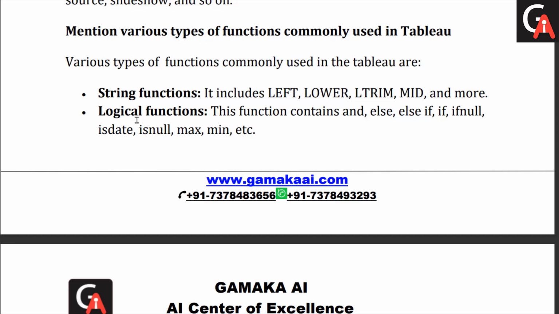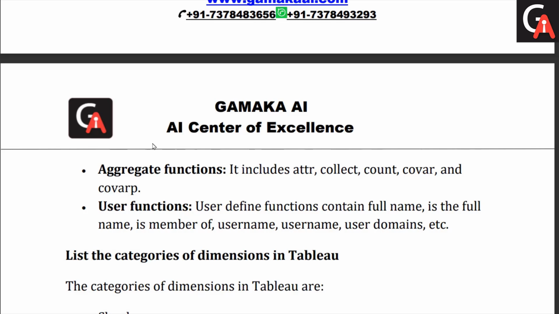So there are many categories with respect to functions such as string functions. So there are left, lower, right, mid functions most often used. Logical functions are there: if, elif, else, isdate, isnull, max, min, those are the logical functions. Aggregate functions are there: collect, count, sum, min, max, those are the aggregate functions we have.